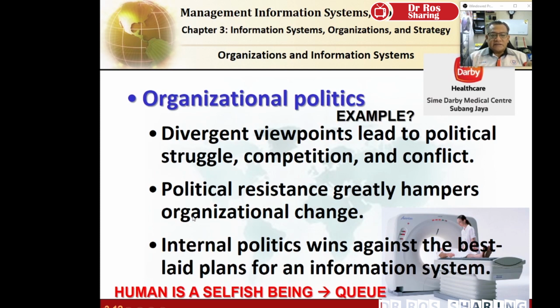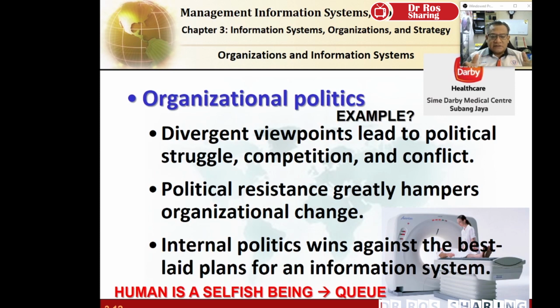So yes, there is political resistance within the organization, for example, competition between one group and another group. But that is normal from the human perspective because we normally tend to work comfortably with the people who are getting along with us. That is basic human nature.